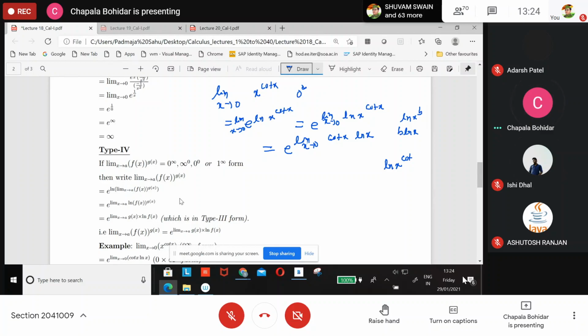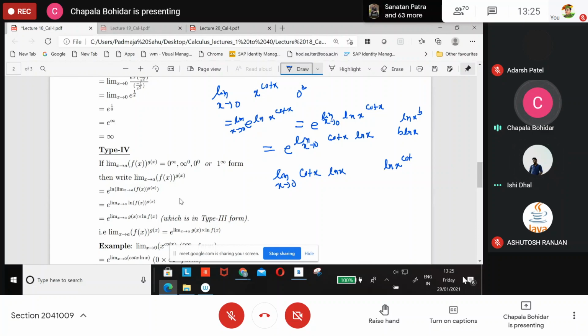So now I can convert it, I'm taking this portion only. Limit x tends to 0, cot x ln x. Which form is it? It is infinity into infinity, I think.